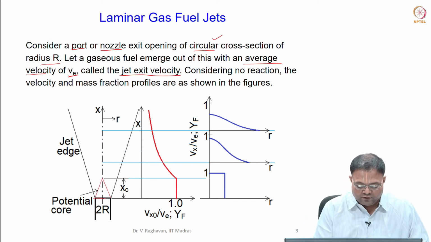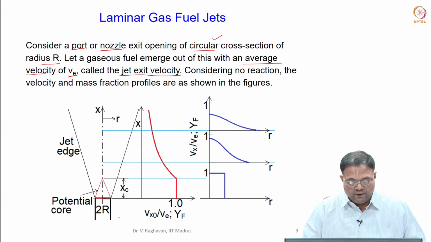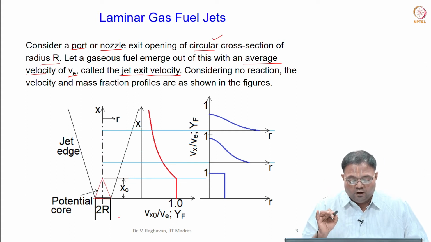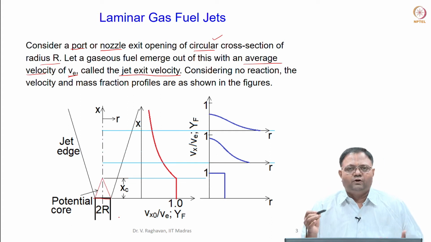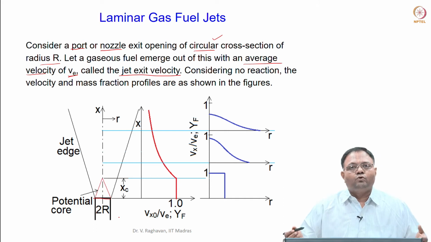You can see this is the schematic, the end of the pipe or a nozzle, whatever it may be. The fuel alone comes out, and there is no reaction to be considered now. Let us say a cold reactant is considered here. Only fuel is coming out, and the air present in the atmosphere is quiescent, not moving at all.